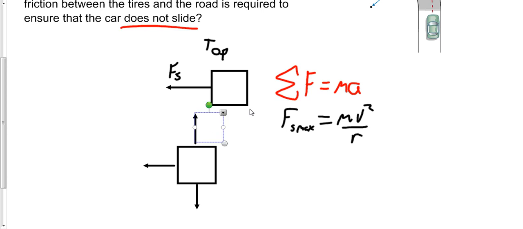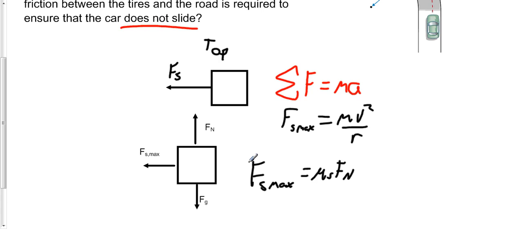So this can be our force of normal, this can be our force of gravity, and then this will be our force of static friction at the maximum it can be. So we've got those there, great. And we know the relationship, hopefully you remember from earlier, that the force of static friction max is just given by mu s Fn.